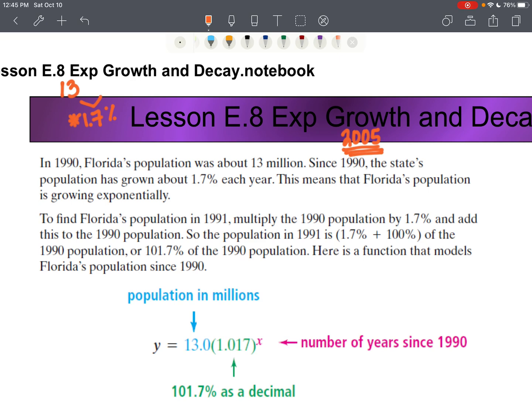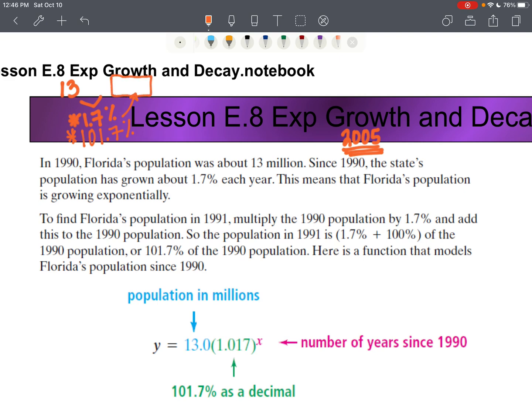But remember, we're going to grow that by 1.7%. So we really have to multiply that by 1.7% and then add that increase to the 13. So what we do is we end up multiplying by 101.7%. And then that's going to give us the next year.